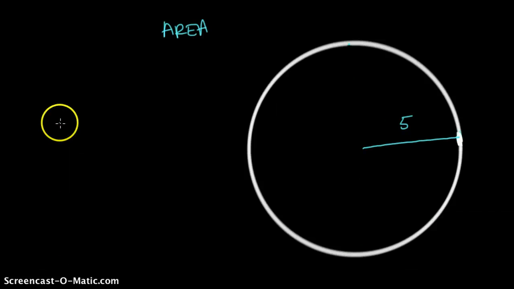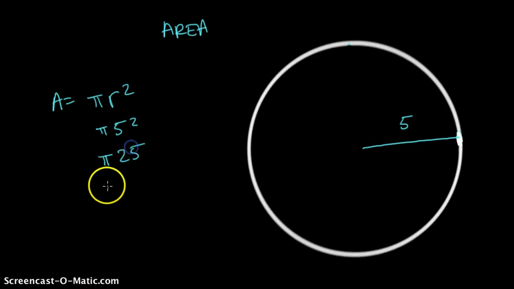To calculate the area, if I know the radius, area equals pi times radius squared. In this case, that would be pi times 5 squared. 5 times itself is 25. Therefore, the area, pi times 25, is 78.54.